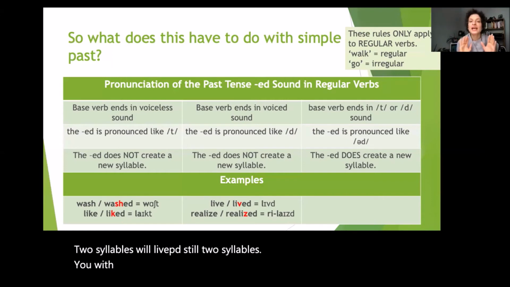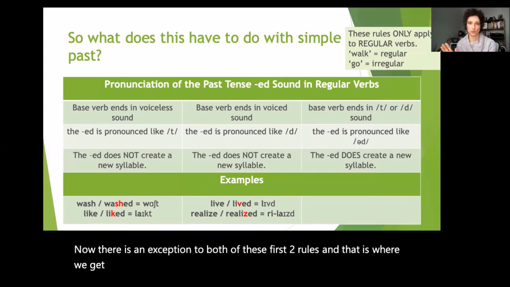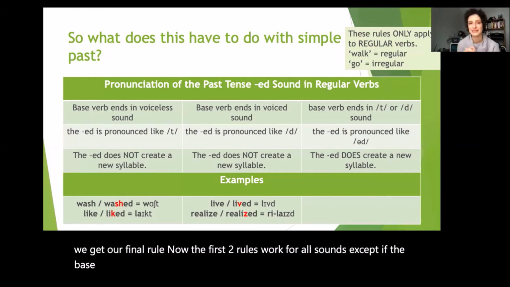Now, there is an exception to both of these first 2 rules, and that is where we get our final rule. The first 2 rules work for all sounds, except if the base verb ends in a T or a D sound.